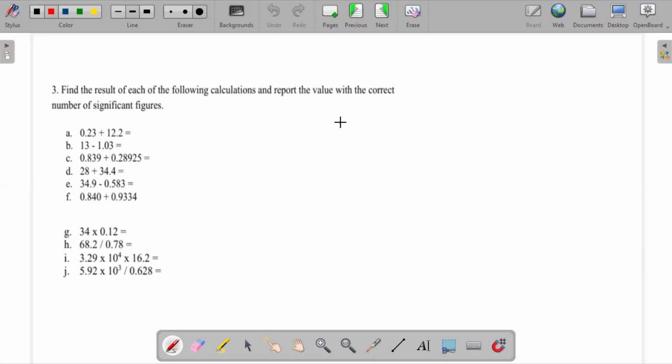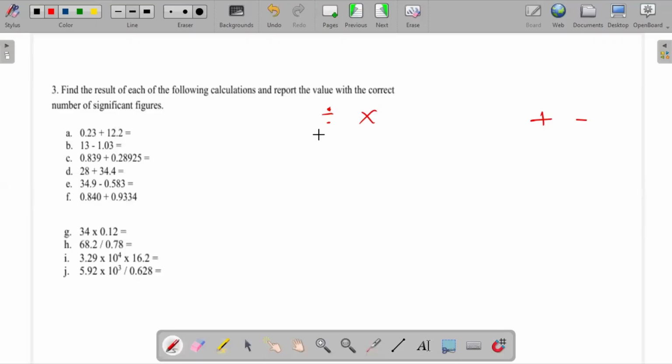So now let's discuss operations. We know that we have 4 operations, right? We have division, multiplication, addition, and subtraction. These are the 4 operations that we have, right?